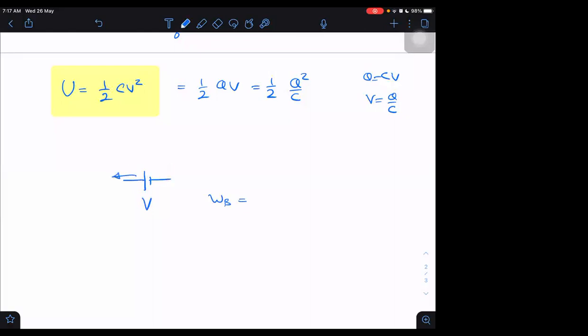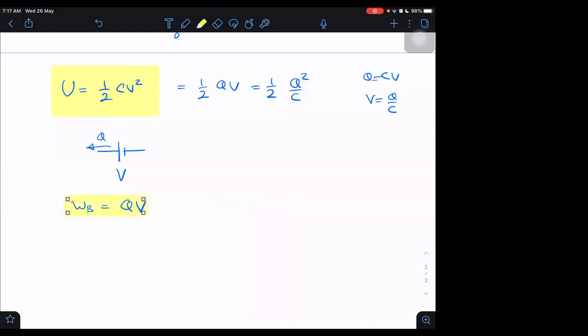We can think that we are bringing this charge from the negative terminal to the positive terminal, and we are increasing its potential by V. We can think like that. So therefore, work done by battery can be written as Q into V. Again, a very important relation. Work done by battery.